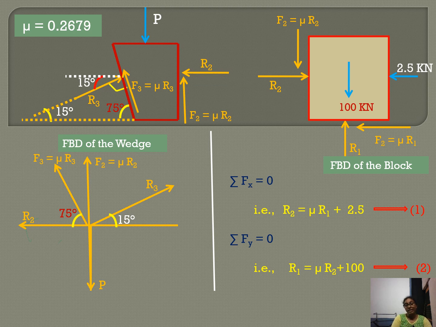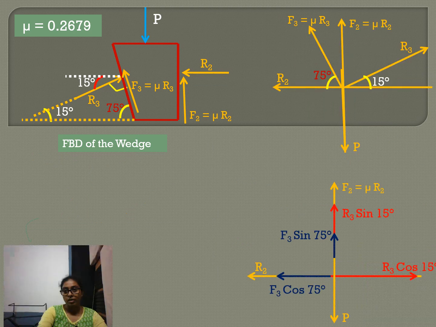When these are inclined forces, we have to resolve them into horizontal and vertical forces. So the forces are marked with respect to the horizontal and vertical axes, and these forces are resolved into horizontal and vertical components.